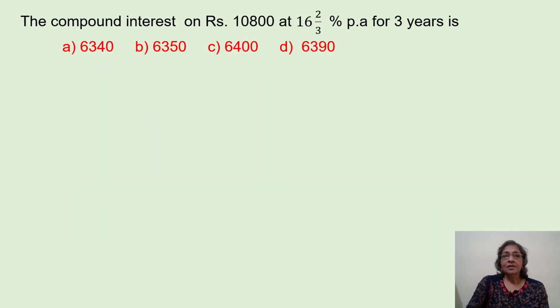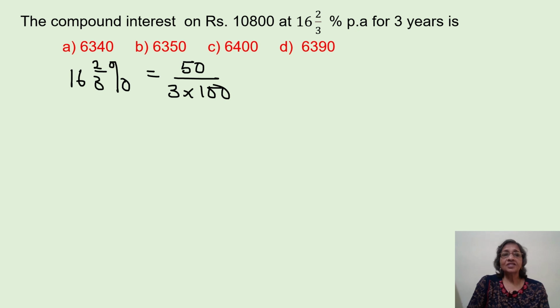Okay. Now the third sum is also a similar sum. So let's take 16 2 upon 3. Those who have not done the percentages, I'm showing it to you again. This will be 16 threes are 48 plus 2, 50 upon 3, into this goes.